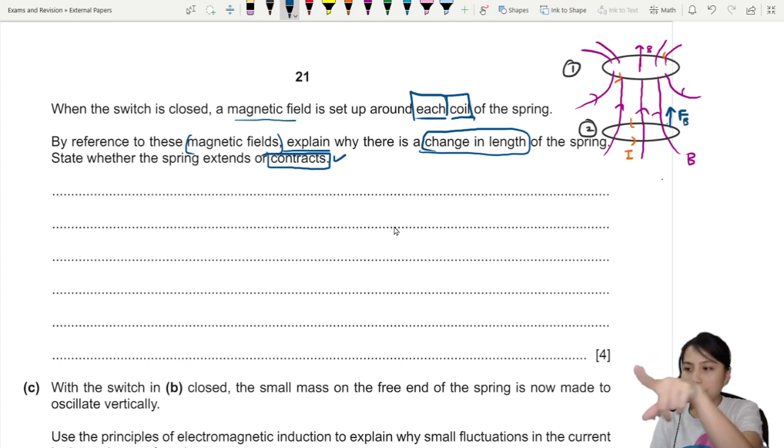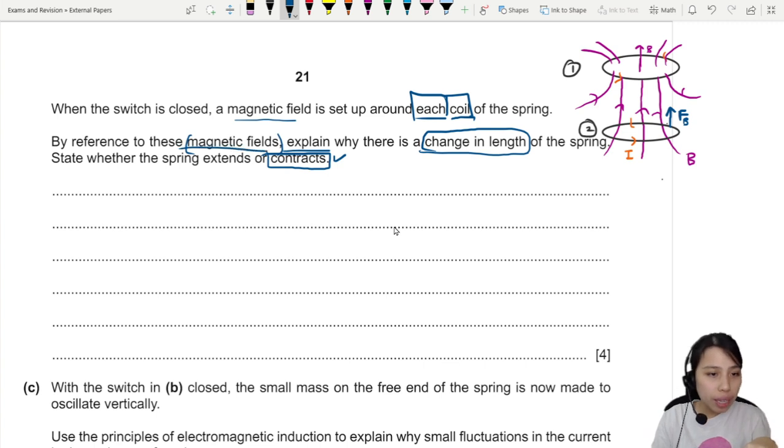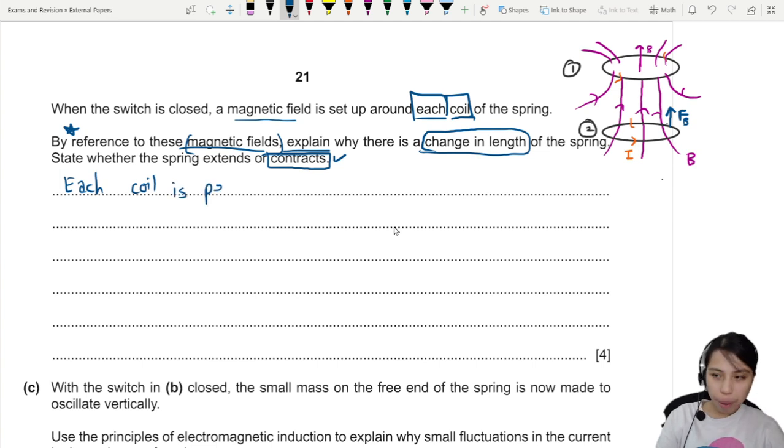Okay, so let's talk about first things first. We need to mention the magnetic field because they say please reference the magnetic fields. So we can say that each coil, we only draw two here, but each coil, actually, they will experience a magnetic field thanks to their neighbors. So each coil is perpendicular.